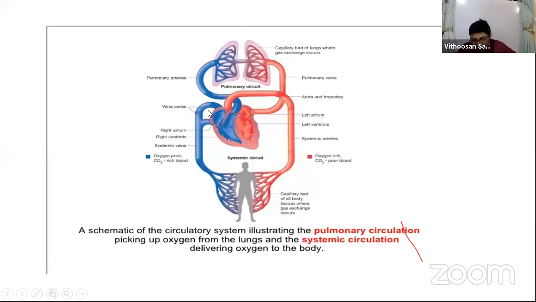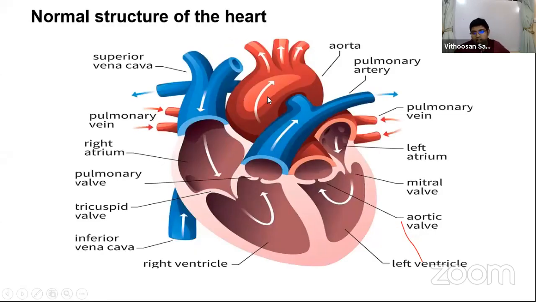So it is going to the lung, where the blood is oxygenated, and then the blood is returning from the lungs through the 4 pulmonary veins. If you look at these 4 pulmonary veins, they are opening into the left atrium.